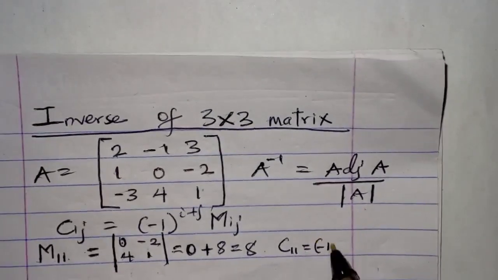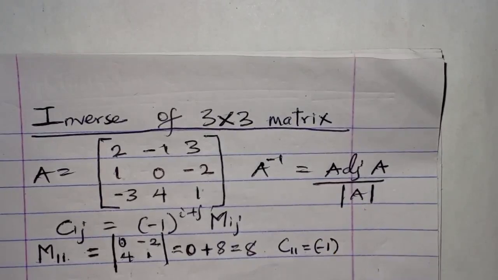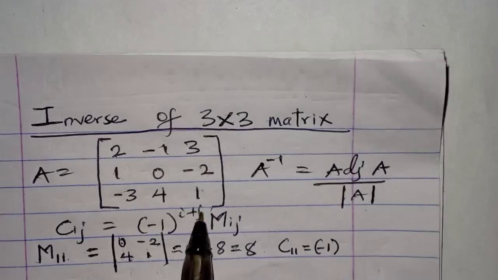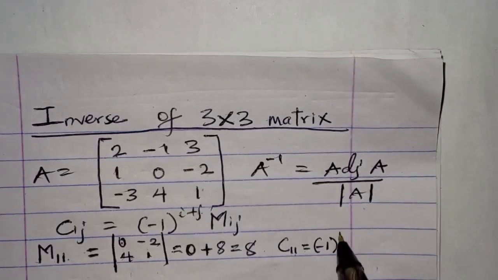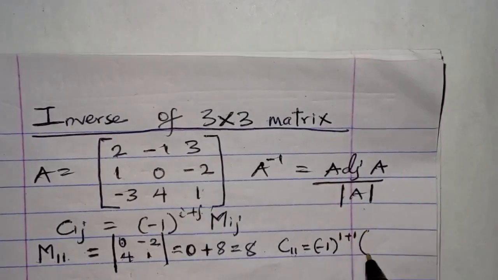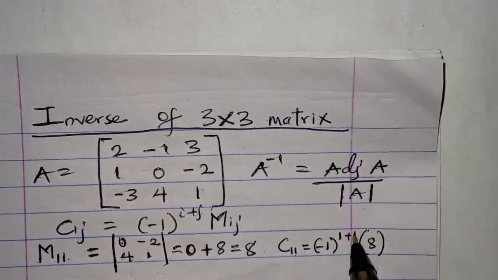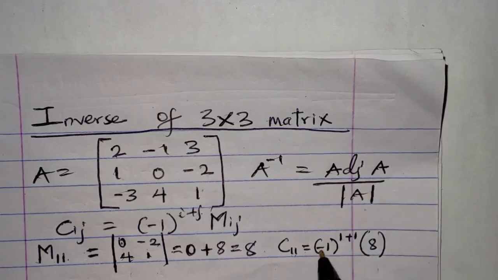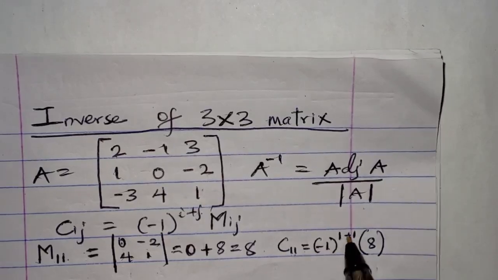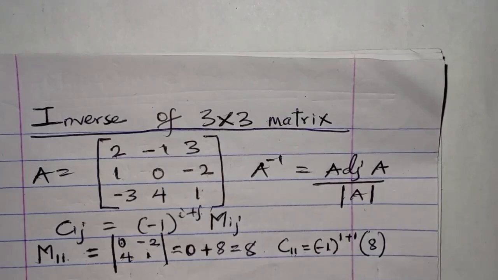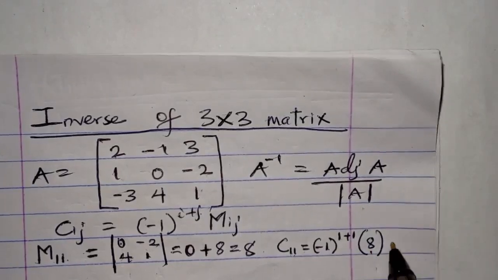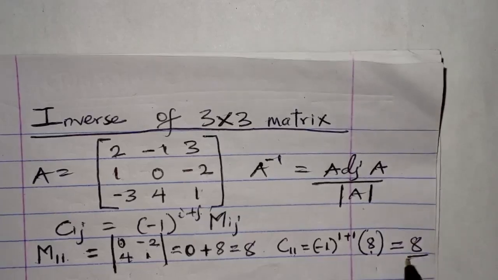Minus 1 to the power of i plus j, that's 1 plus 1, times 8, which is the minor. 1 plus 1 is 2, alright. Minus 1 to the power of 2 is positive 1, times 8 is 8. This is the cofactor.